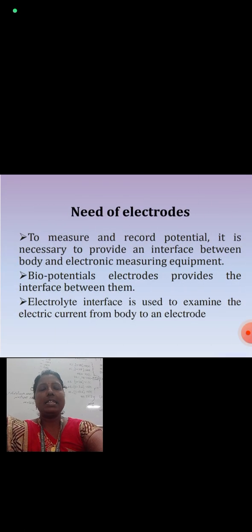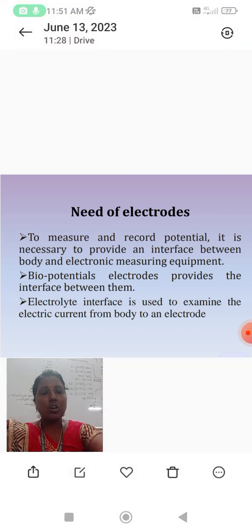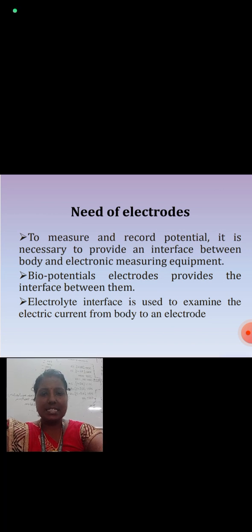Then, next, the need for electrodes. Why do we need an electrode? To measure and record potential, it is necessary to provide an interface between the body and electronic measuring equipment. Normally, in our body, the ionic potential which is generated is very low in range.